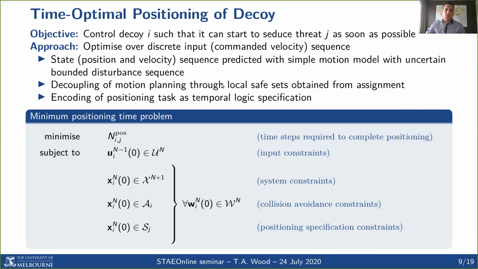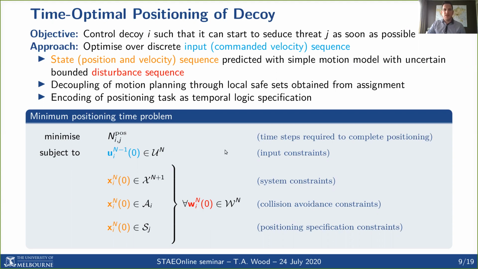And we said we minimize over a sequence of inputs. So we have a finite prediction horizon, and we have a whole series of state constraints, and we're considering some disturbance in the model dynamics.